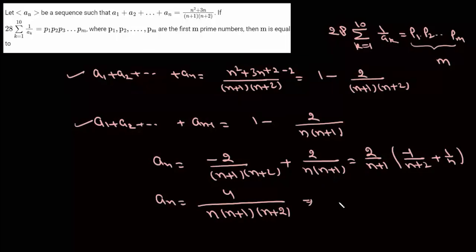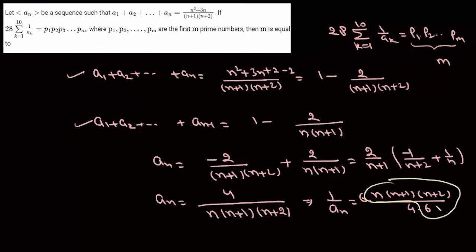Now if we look at 1 upon an, it will be n plus 1 n plus 2 by 4, and what we'll do is we'll multiply and divide it with 6. Now if we look at this result, this is n plus 2 n plus 1 n into 3 into 2 into 1. So basically this is n plus 2 c3. So we can write 1 by an will be equal to 3 by 2 into n plus 2 c3.